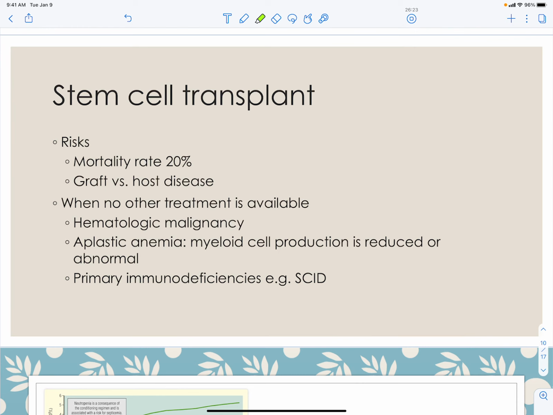The best outcome is to use autologous stem cell transplant, in which the bone marrow from the individual is removed, frozen, and then following, for example, a lot of chemotherapy, you can give back their stem cells.